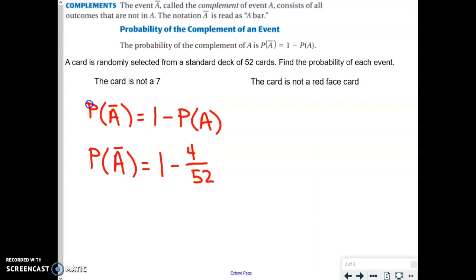Because there are 4 7s in the deck of cards. So if we take 1 minus 4/52, that would leave us with our probability of 48/52, which we would simplify down to 12/13.